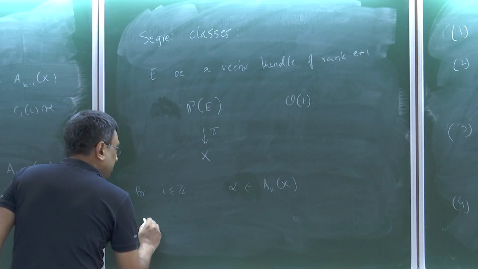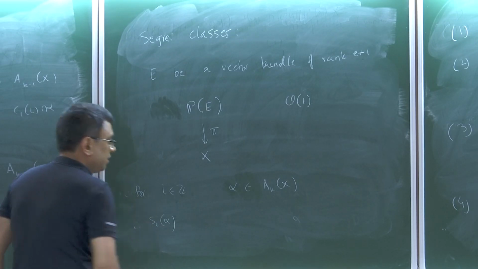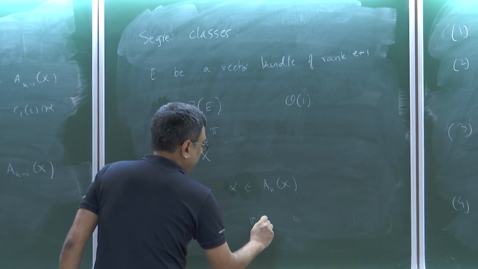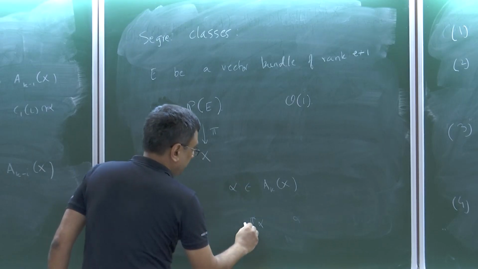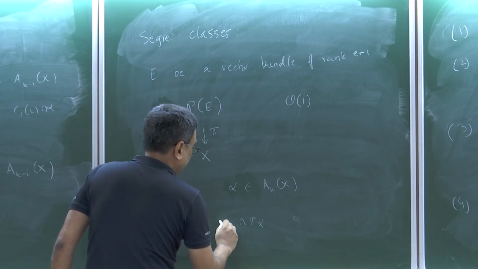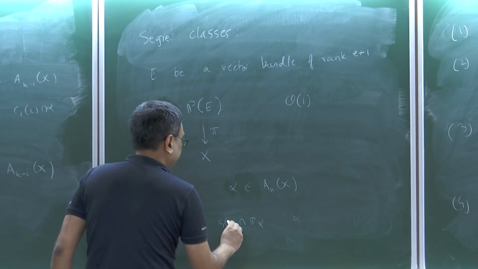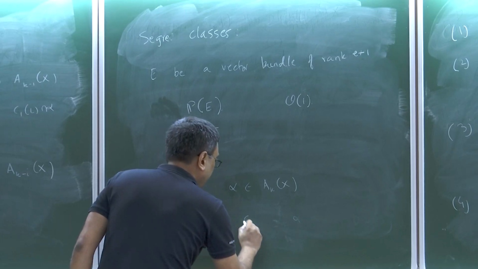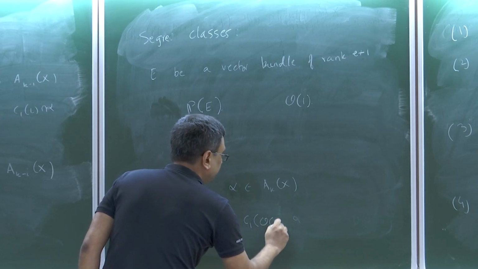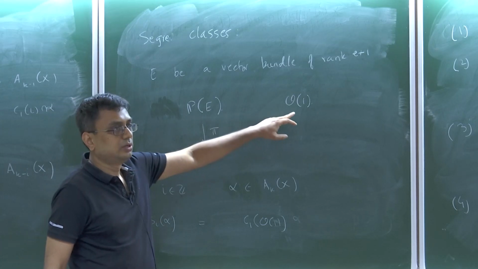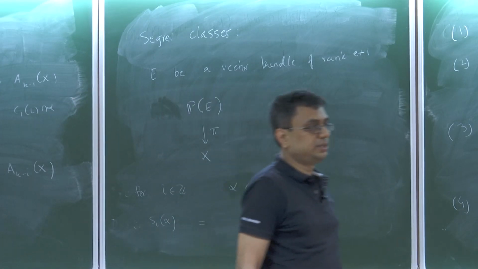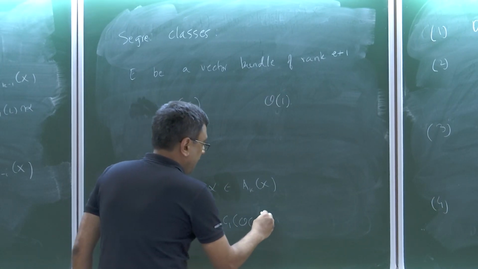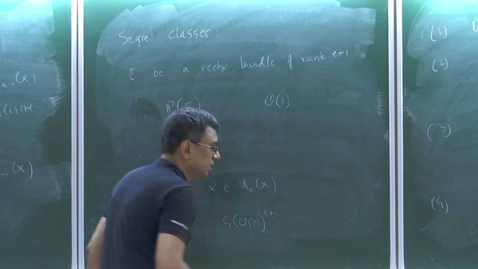Okay, so define S_i of alpha to be the class which is pi upper star alpha, pull it back to this projectivized bundle, then take cap product with C1 of this O(1). So take this first Chern class of O(1). O(1) is the dual of the tautological bundle, correct. So take the first Chern class of O(1), and then raise it to the power e plus i.